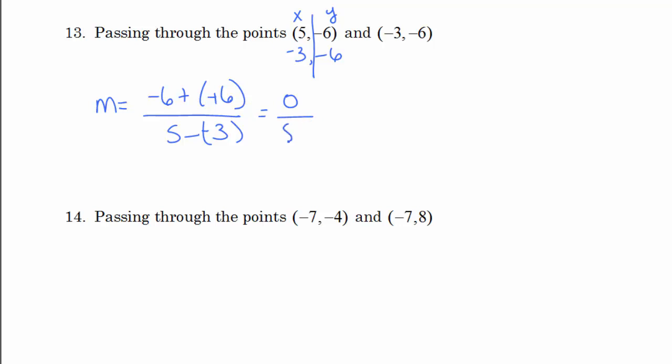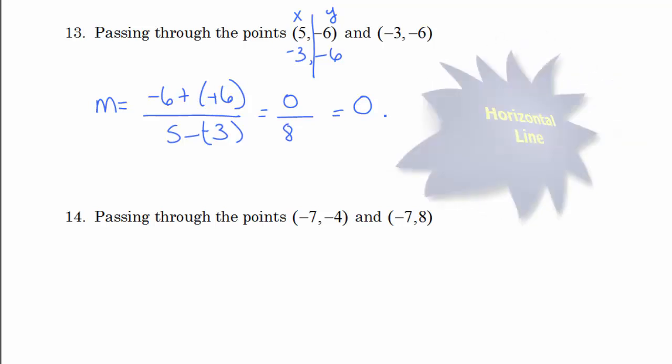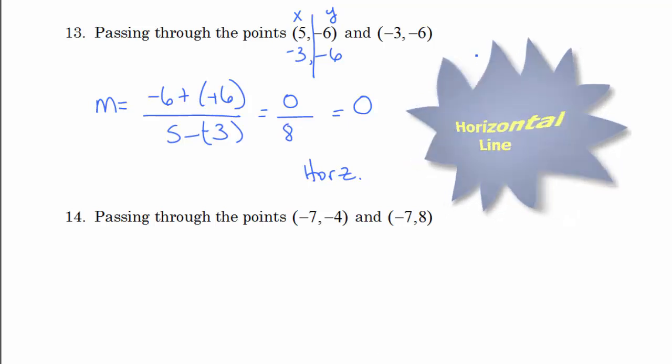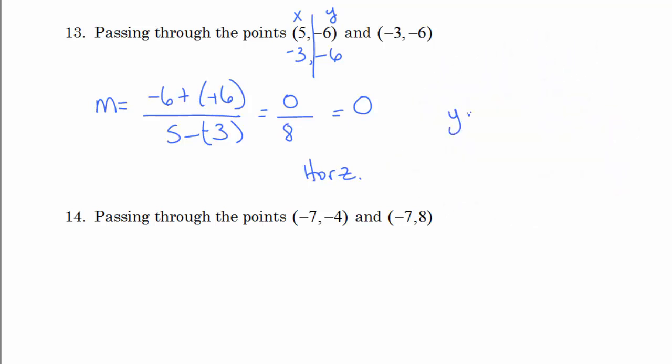Oh, I have 0. And 0 over something is 0. What does that tell me? That tells me that this is a horizontal line. And all horizontal lines are always in the form of y equals a number.